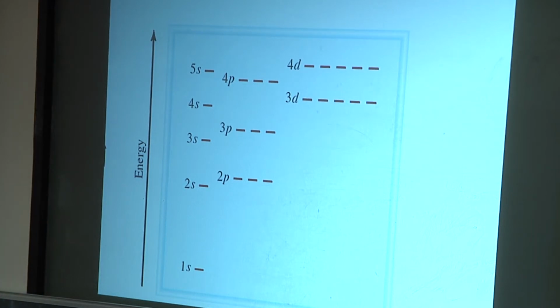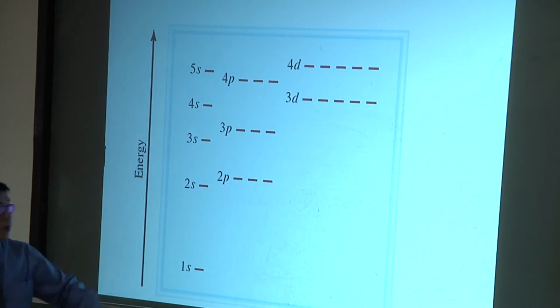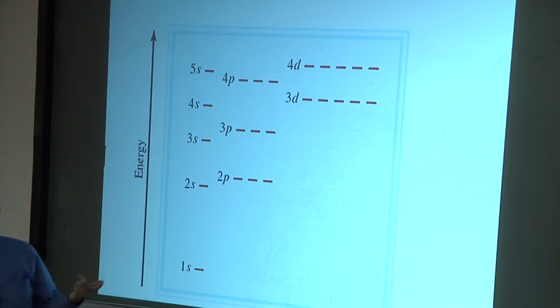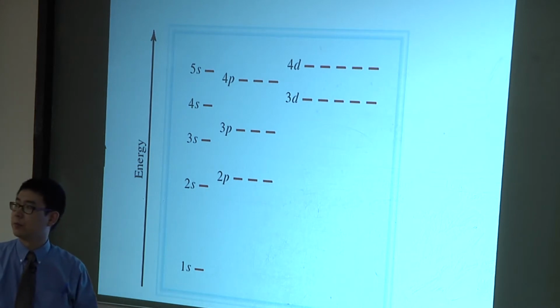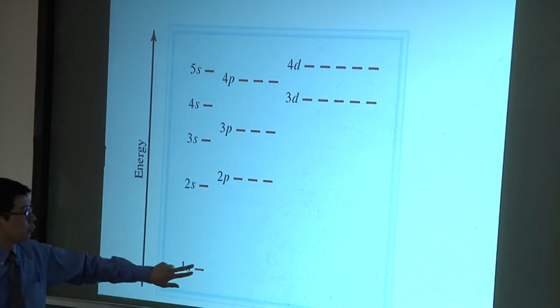So if you have an atom with 1 electron, where is that 1 electron going to want to live? It's going to want to live down here, right, 1s. Remember, how many electrons can fit in each orbital? 2, right, a plus 1/2 and a minus 1/2. And so if you're helium and you have 2 electrons, where are those electrons going to want to live? Also in the 1s.